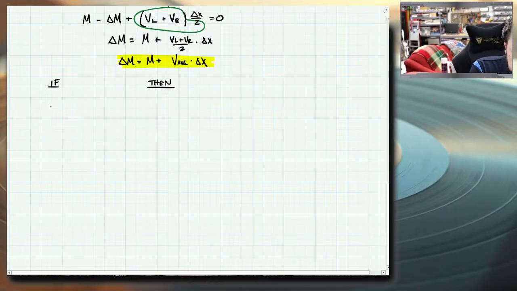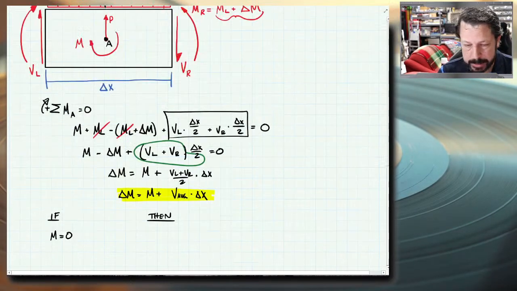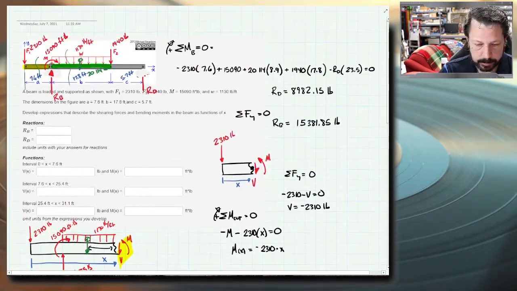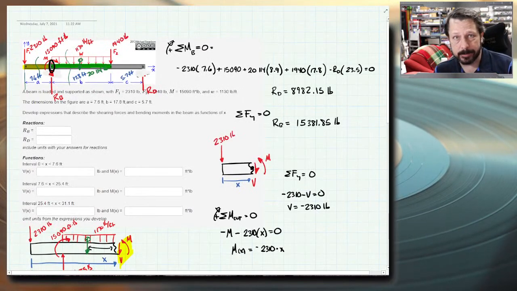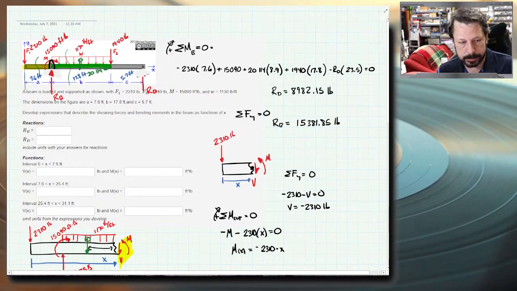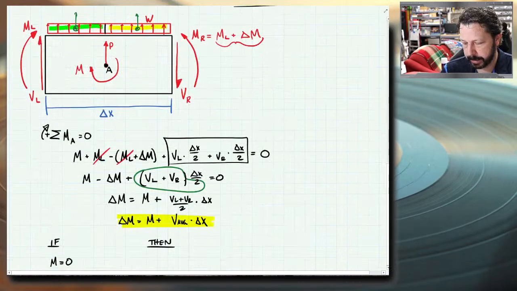So if M equals 0. So this is actually most of the time. Like if we look at our beams, there's only this one little spot where M does not equal 0. Most of the beam is M equals 0. So most of the time, this is what's happening in our shear diagram.